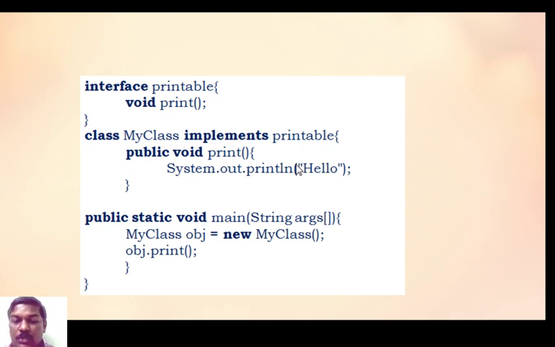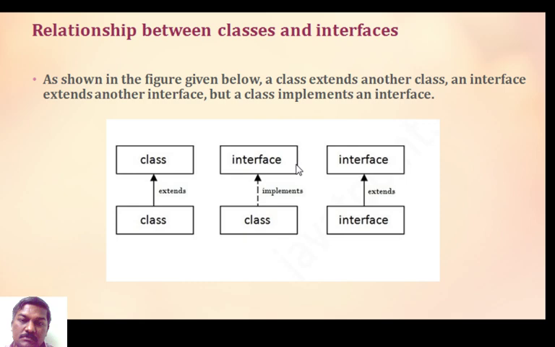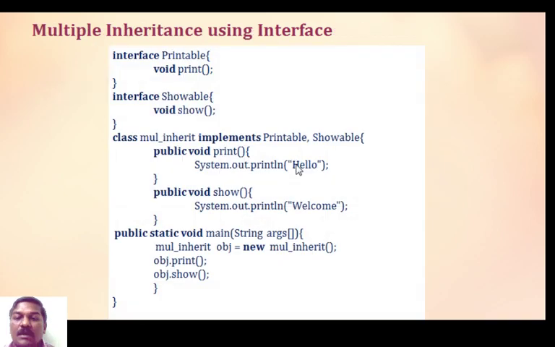Now we move on to multiple inheritance. How can we achieve multiple inheritance by using the concept of interface? See, assume that I have two separate interfaces.